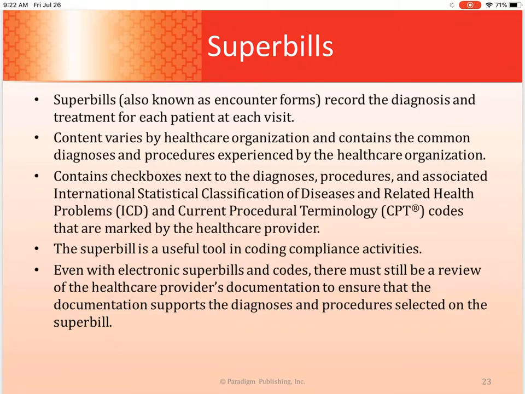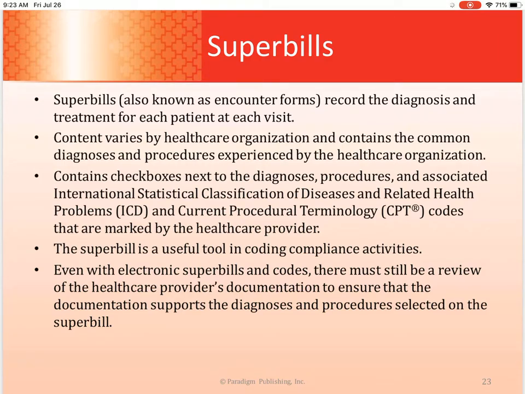So that super bill is very easy for a physician to go in and just check the things that he knows that this patient has, and sometimes the diagnosis is not on that form, and the physician may document that diagnosis at the bottom in a little note section. Now, the content of the super bill varies, and I just mentioned that, but it does vary by healthcare organization.